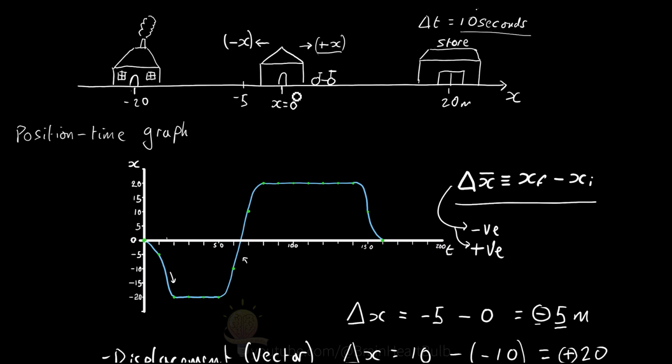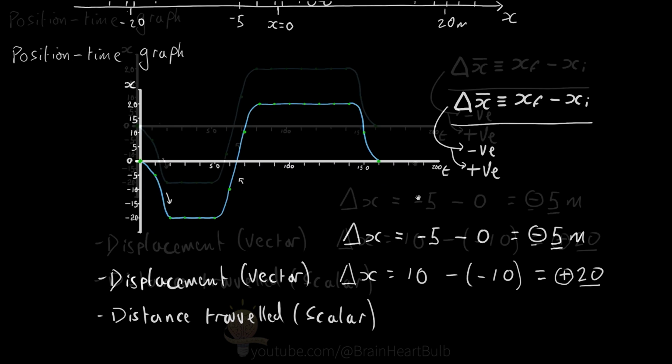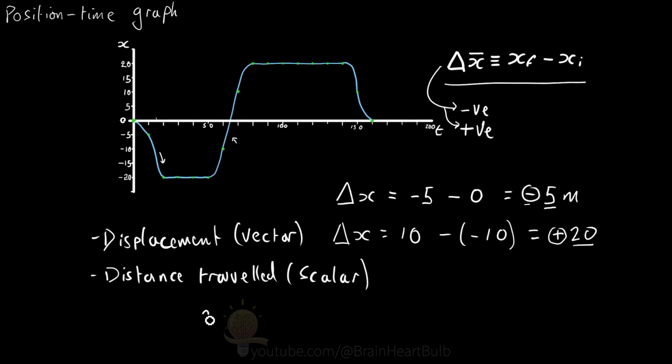So that's a total of 80 meters. That's the distance travelled. So we got 20 plus 40 plus 20 equals 80, and that's the distance travelled. But the displacement over the entire journey is 0.